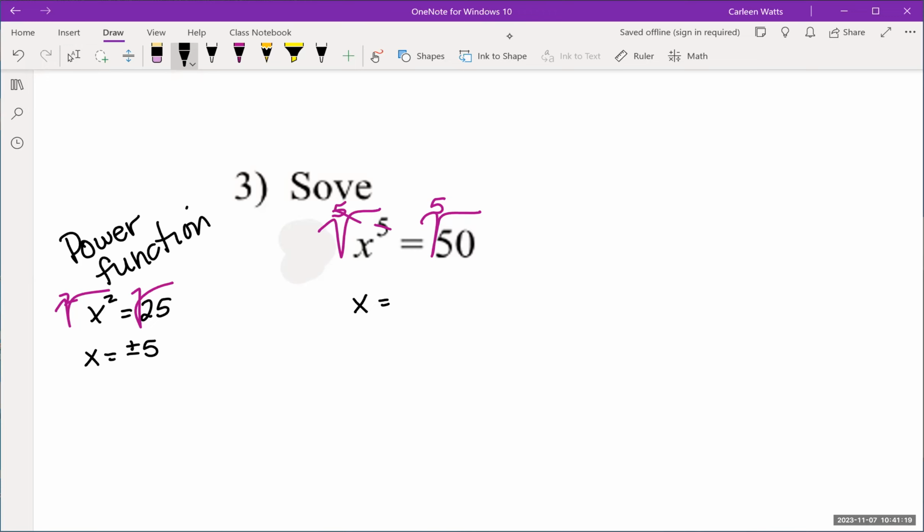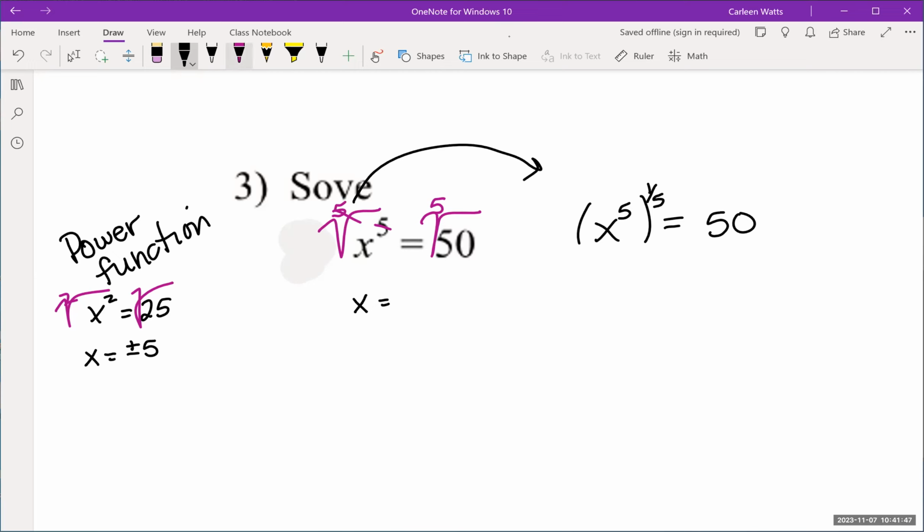Now, there's different ways to do this on the calculator. Let's do this one more way and then you'll see why this works. This is the easiest way to do it on the calculator. The fifth root is the same as raising it to the 1/5 power.